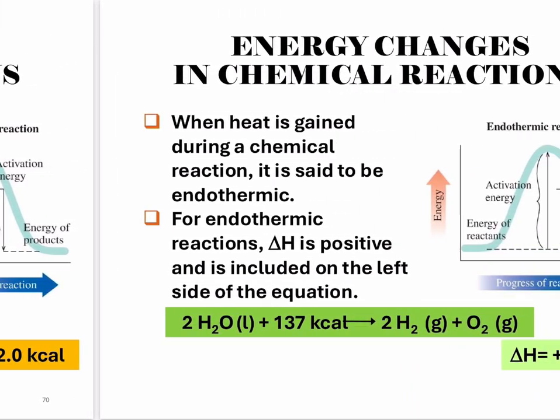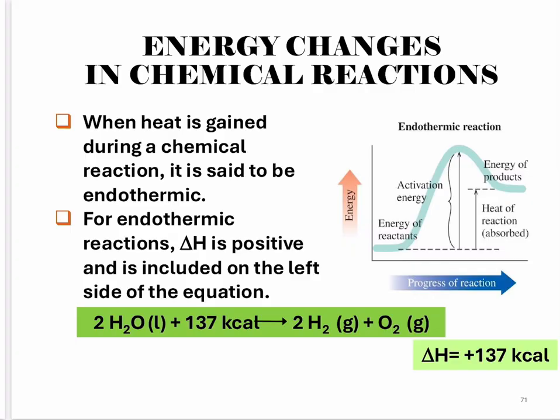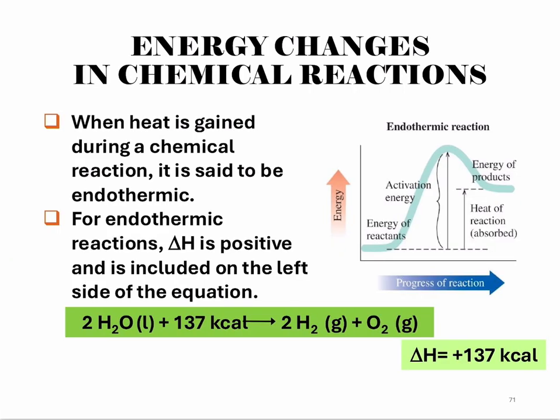If we were to look at another reaction, here we see that the energy of the reactants is lower than the energy of the products, which means that delta H is equal to the energy of the products minus the energy of the reactants. This is going to be greater than 0 now, right? Because the products have a larger number than the reactants.